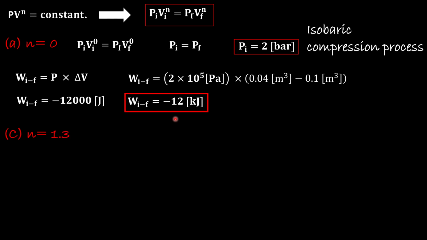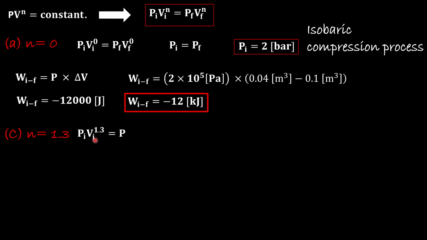Now for C, it is 1.3. Now, why did I jump to C? Remember what we mentioned in the first problem: we found a work expression for any polytropic index except one. So this is because we already know it. Let's use this expression and find the C value.